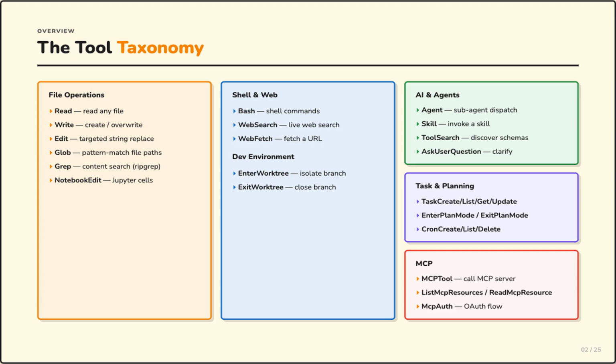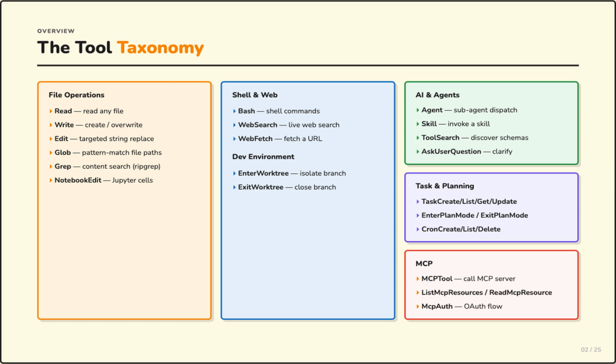Claude Code's built-in tools fall into 5 main groups. File operations: read, write, edit, glob, grep, and notebook edit, cover everything related to reading and changing code on disk. Shell and web covers bash for running commands, and web search and web fetch for pulling in live data from the internet.